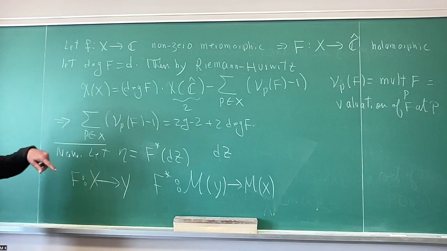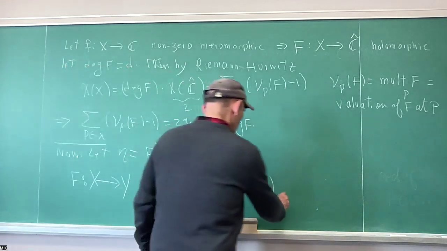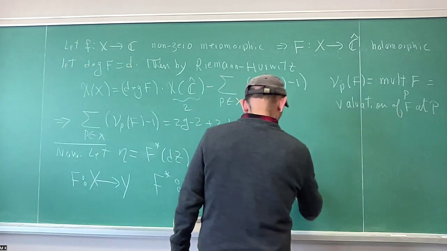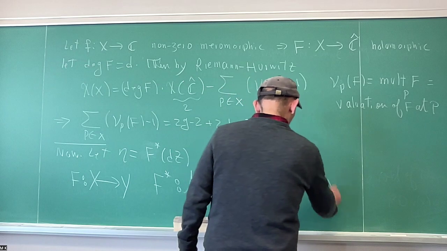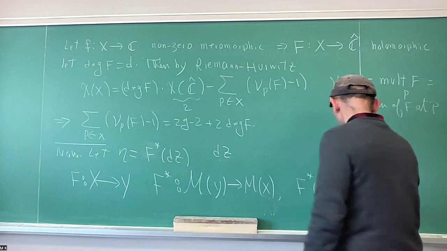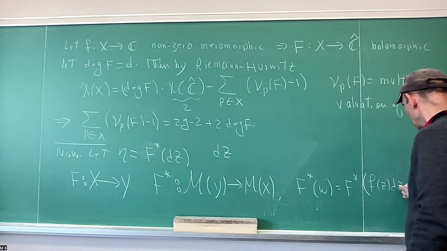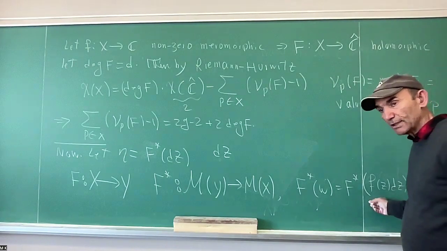But there's more. You can also pull back forms, F star of omega, which, if you write it in some coordinates, maybe as f of z dz.